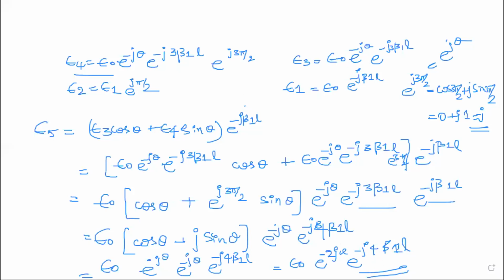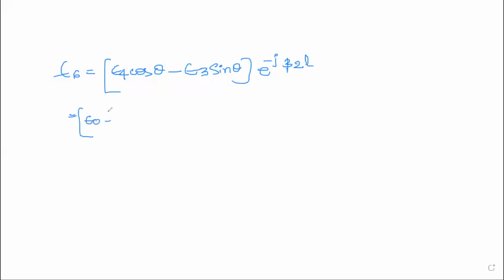So next we'll move to E6. I'll clear the screen. Now E6 will be quite opposite of your E5. The horizontal term will be E4 cos theta minus E3 sin theta. Again, the term you have is e to the power minus j, with respect to beta 2L. So again, if you substitute E4 here, the E4 value is E naught e power minus j theta, e to the power minus j 3 beta 2L.